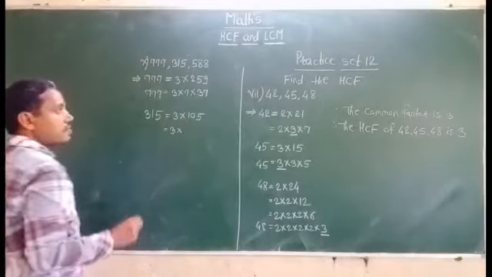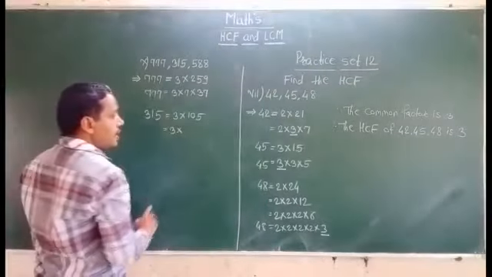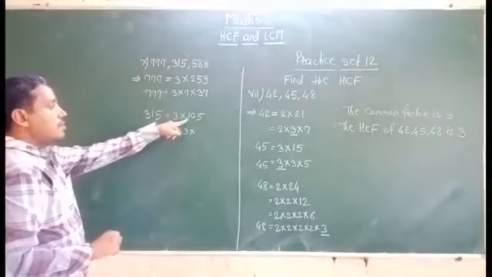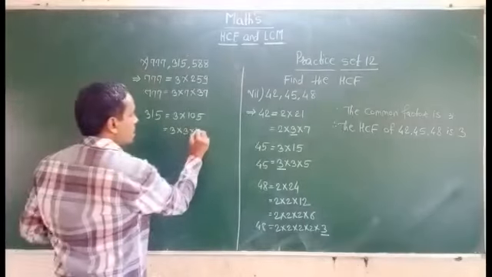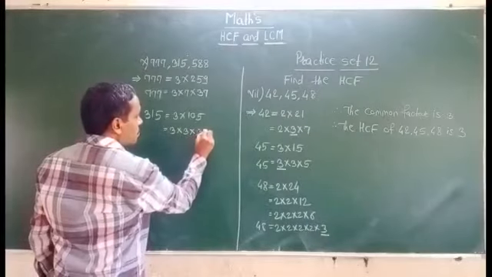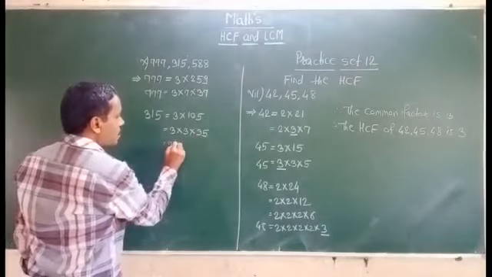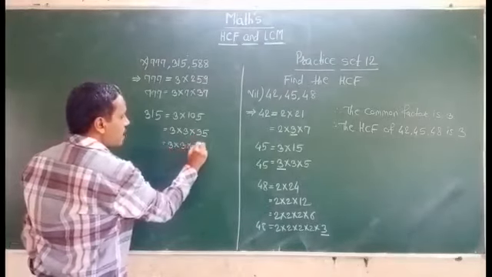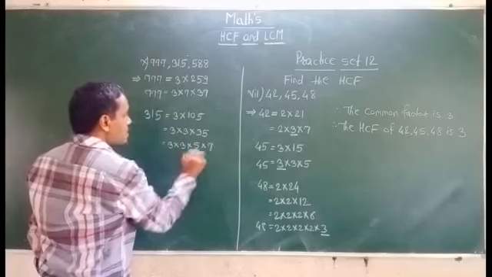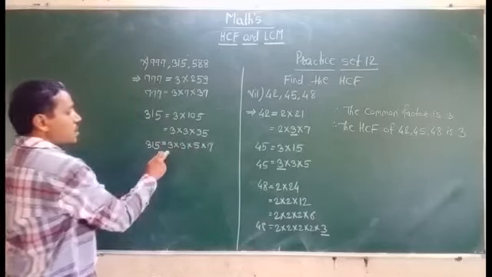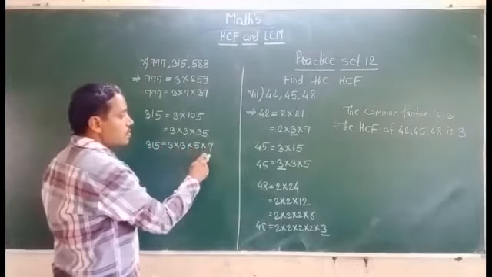That 105 is again divided by 3, and we get 35. And that 35 is again divided by 5, and we get 7. So the answer is 3 into 3 into 5 into 7.